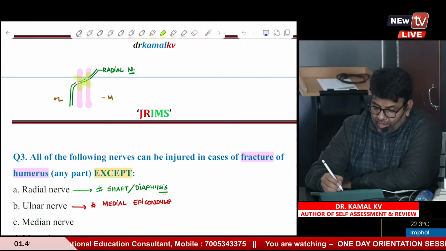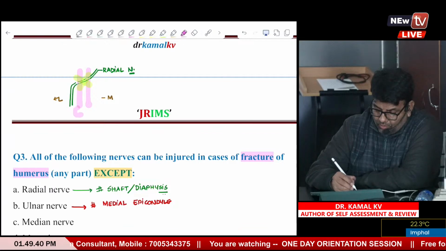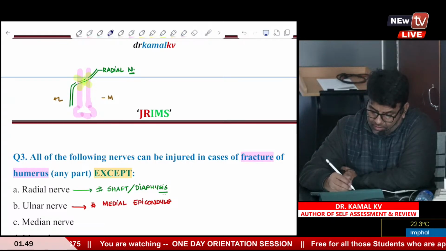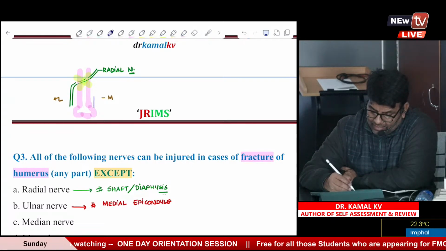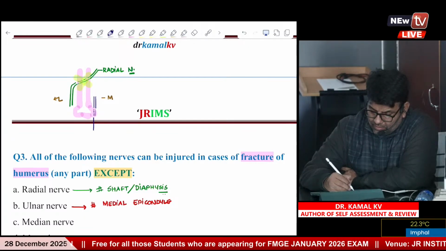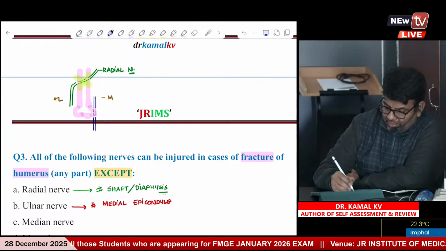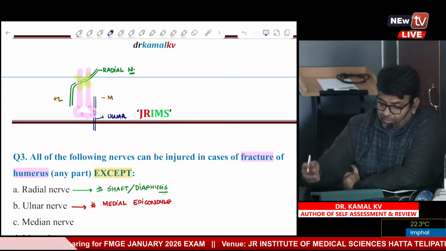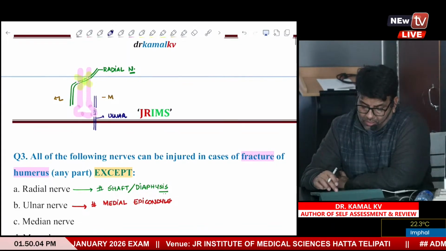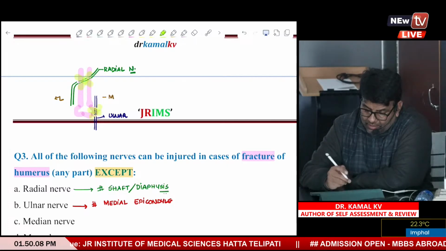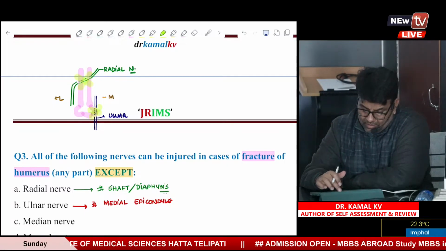If you look at the anatomy, the lower part of the humerus is somewhat like this. So the ulnar nerve passes like this, behind the medial epicondyle. So if there is any fracture in this area, it will injure the ulnar nerve.